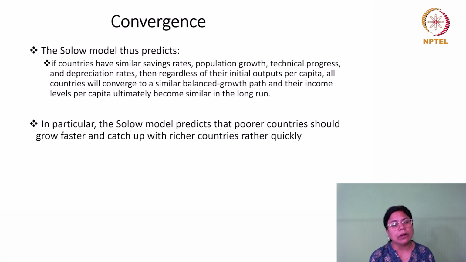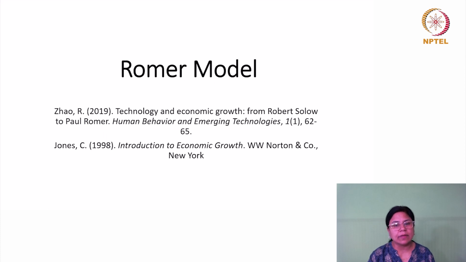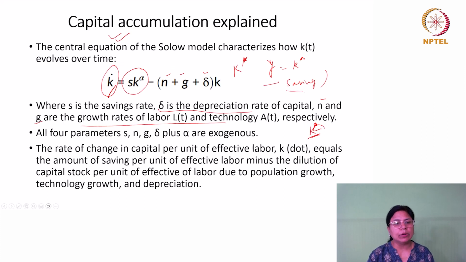So in particular, the Solow model predicts that poorer countries should grow faster and catch up with the richer countries rather quickly. One major concern with respect to this model is that the g which we have been talking about, which is the growth rate of the technology, is rather given as such.